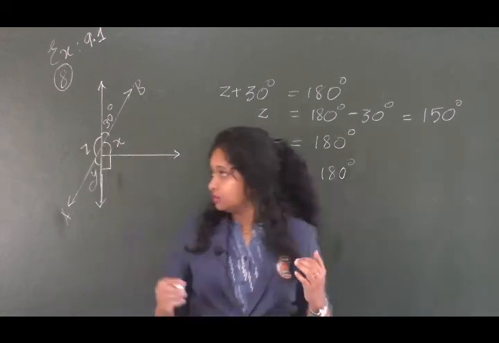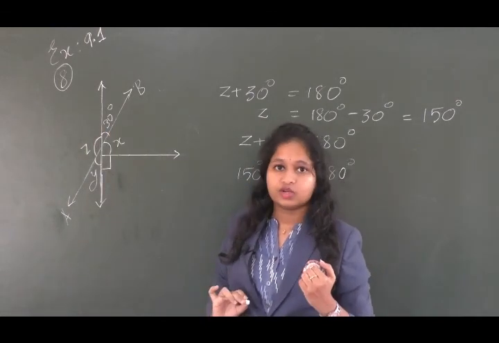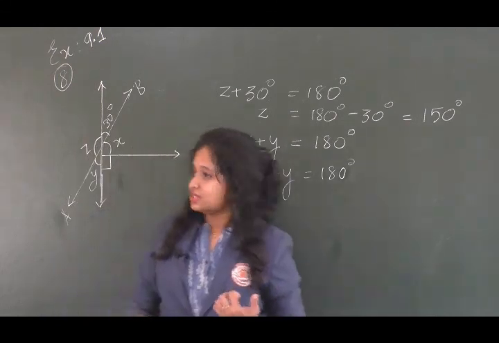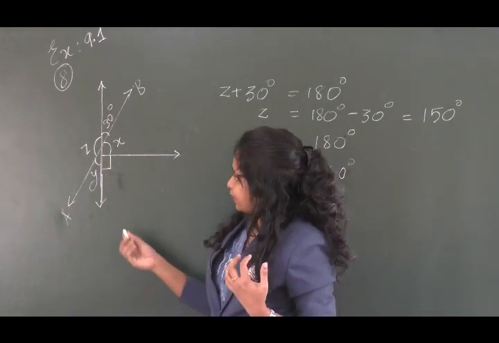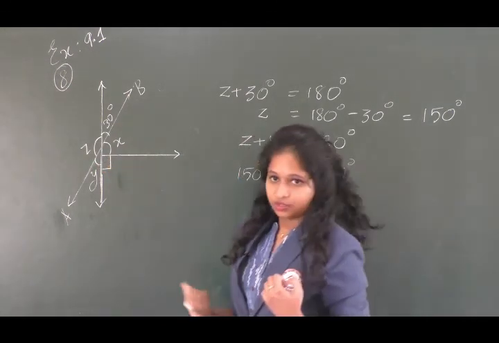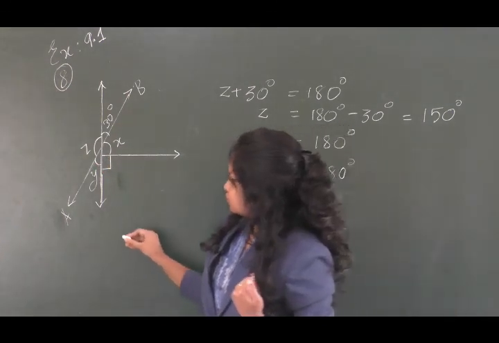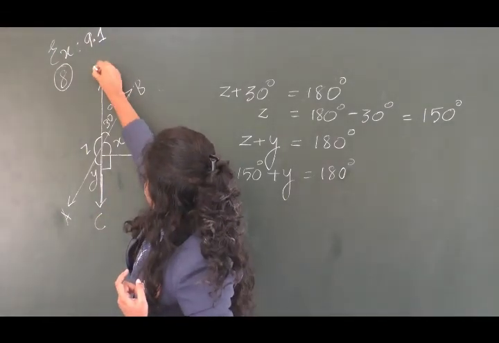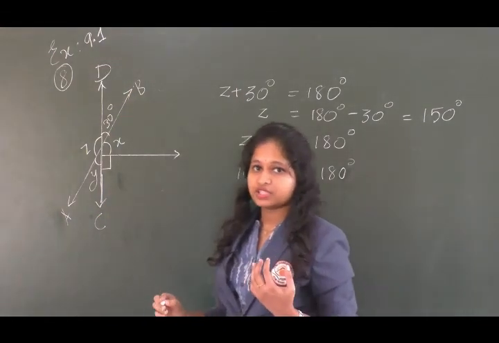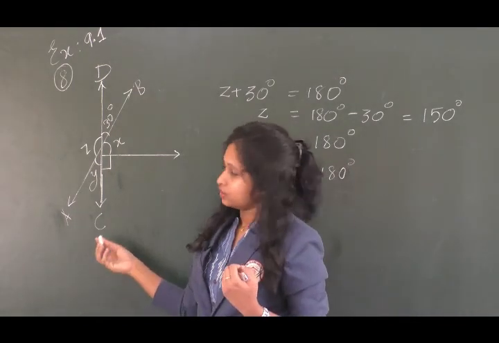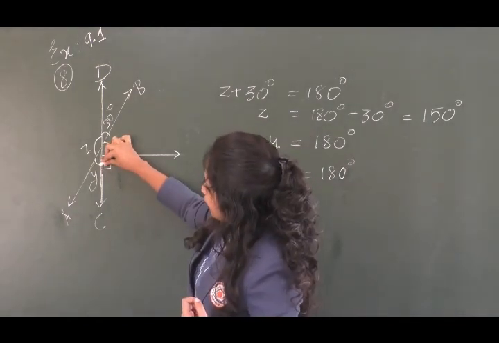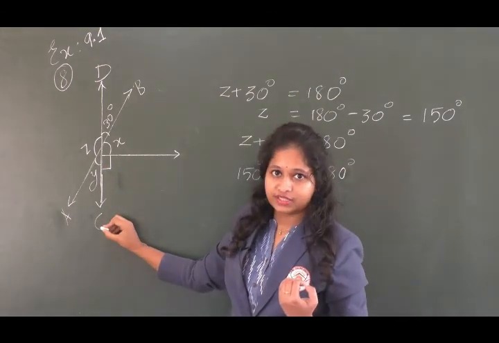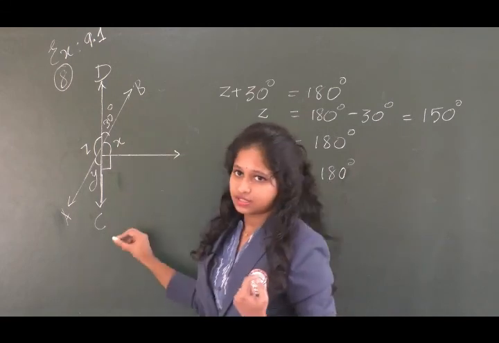So the angle here is 150 degree. Next, let's find y. Okay. So if you observe this line, I have named it as CD. So angle y plus angle z is equal to 180 degree because CD is a straight line.